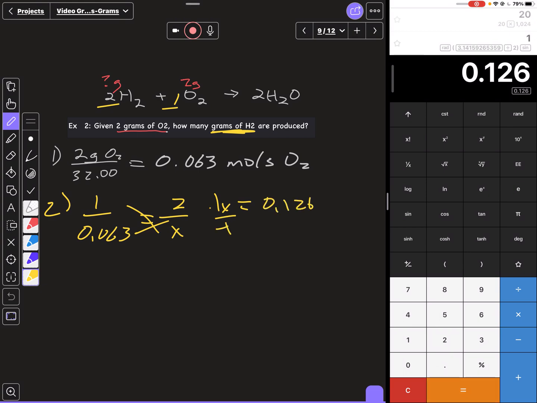Divide both sides by 1, and my X is 0.126, and now I'm in moles of what I want, which is the H2.